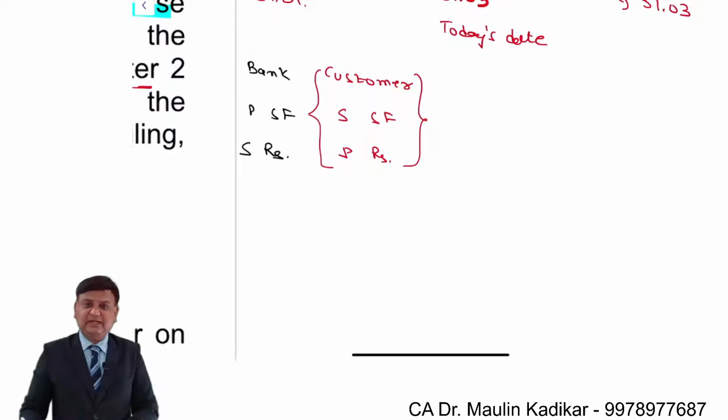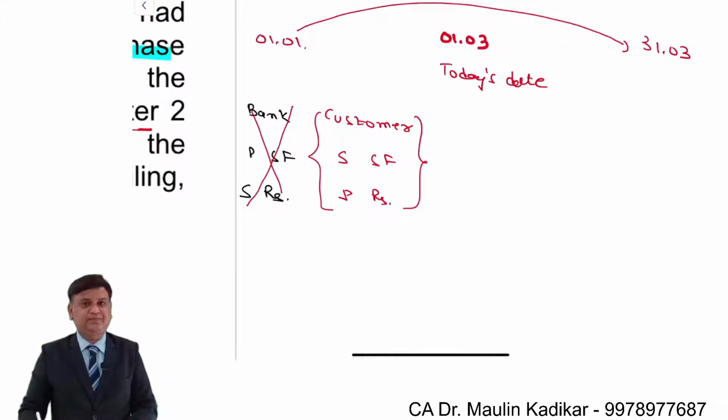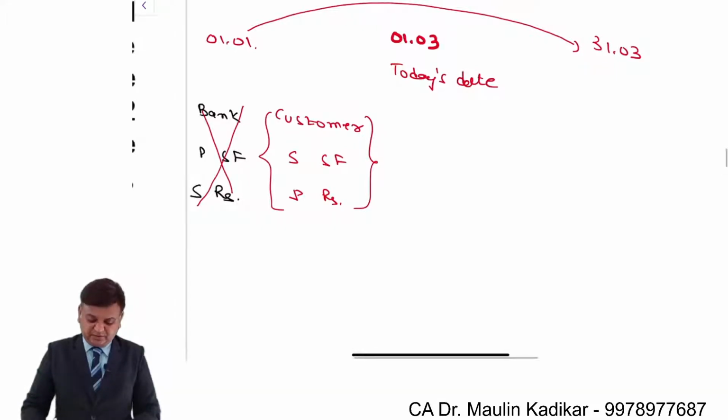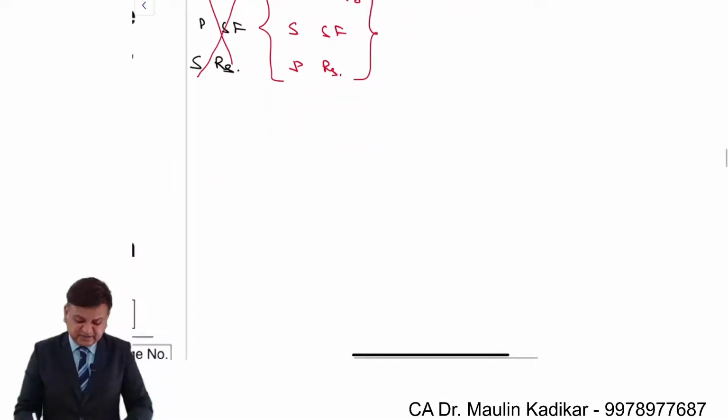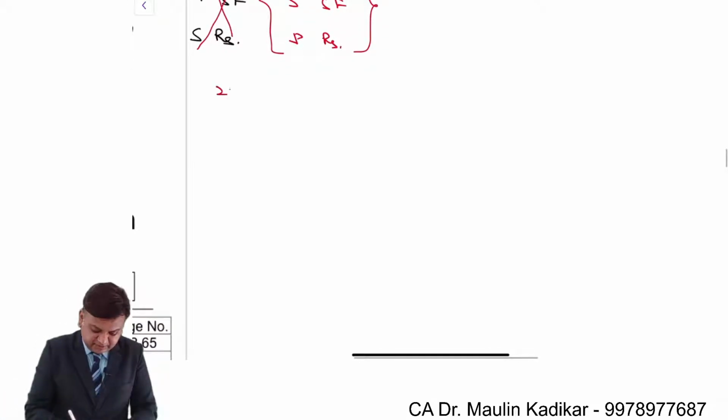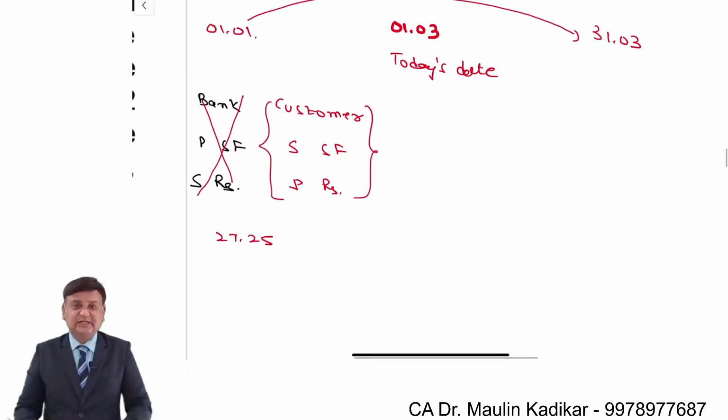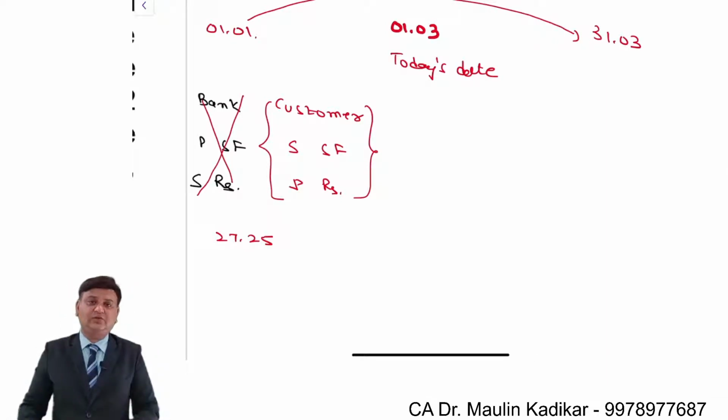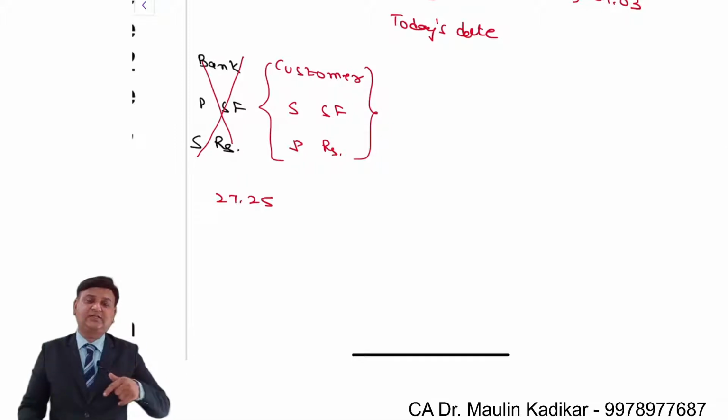We understand that basically the cancellation is done by the customer. So we are not concerned with what kind of transaction the bank has entered into. We are concerned with what the transaction must be in which the customer has entered. So the customer must have initially entered into the transaction of sell of Swiss franc and purchase of rupees at the rate of 27.25, and is coming to the bank after 2 months, that is on 1st of March, and the customer wants to cancel the original forward contract.